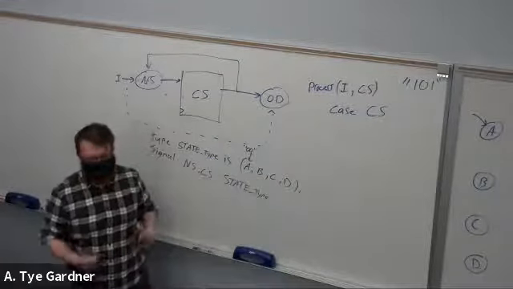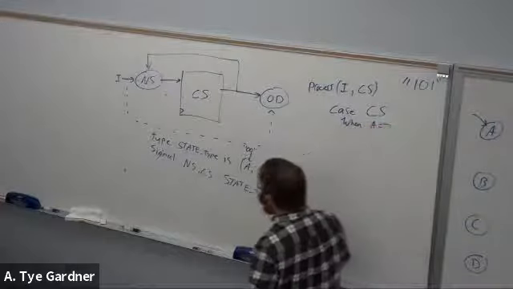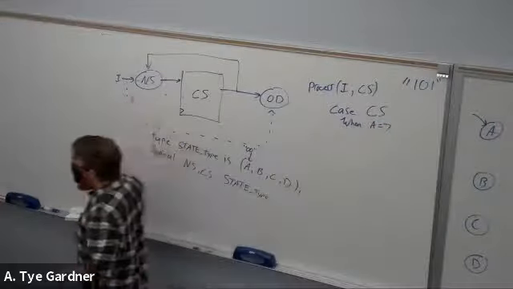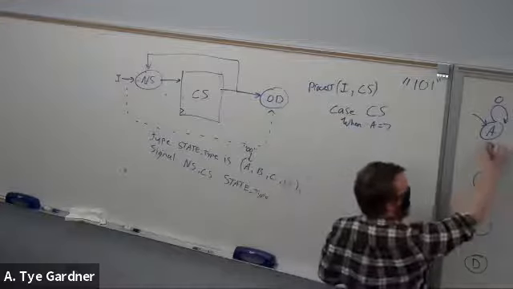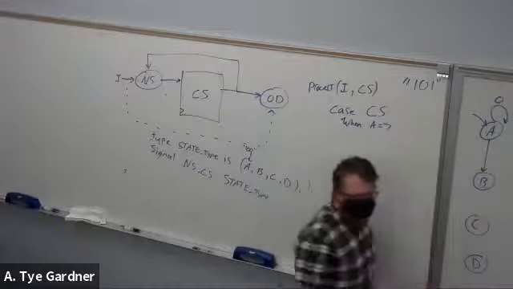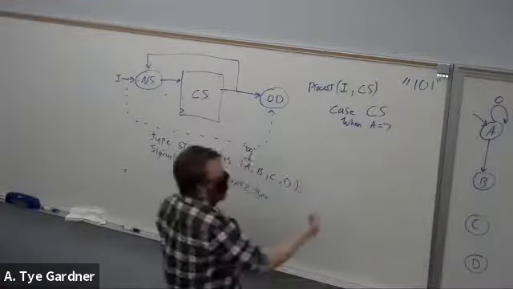All right, then I say something like, when we're in A, what is the next state logic doing in A? Well, let's go to how we design state machines. I have A, B, C, D. I'm looking for 101. If I see a 0, I haven't seen the beginning of that pattern. If I see a 1, though, I go to state B. So this is just an if statement.